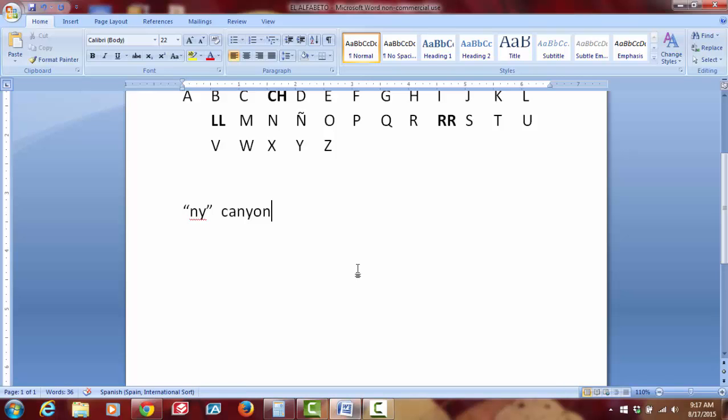Sometimes I see students write español with an N, which is incorrect. Español, Spanish, is correctly spelled with the N-Y. I see students write it the other way, so that is not correct. Español is spelled with the N-Y.